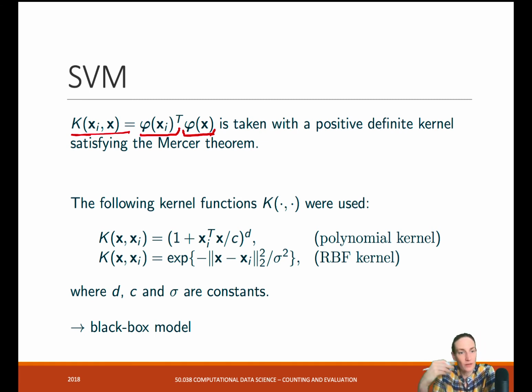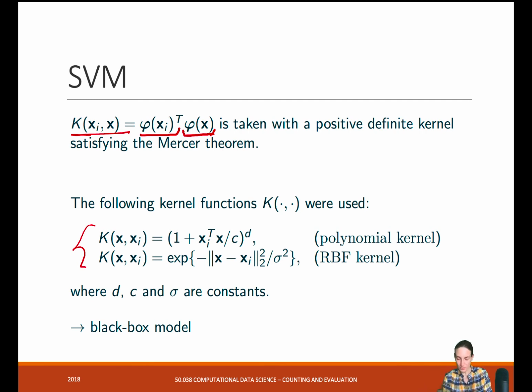Now, I don't want to go into details of Mercer's theorem, which is a mathematical theorem that talks about representation of a symmetric positive definite function on a square as a sum of a convergent sequence of product functions. So I don't want to go into why we are using this, but what is important is to know that you can use different types of kernel functions, each resulting in a different type of projection of your data.